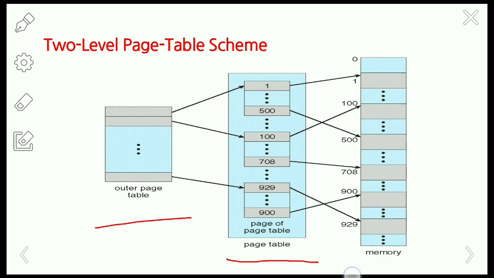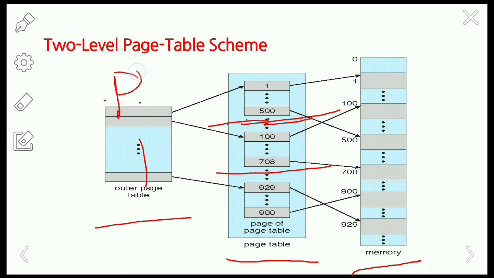So here the memory is divided into a number of frames, and here we are going to divide the page table from the first one to the 900 into 3 parts. Okay, so we are dividing it into 3 parts, and the page table itself is paged here, and the outer page table is formed for the page number to the corresponding frame number.